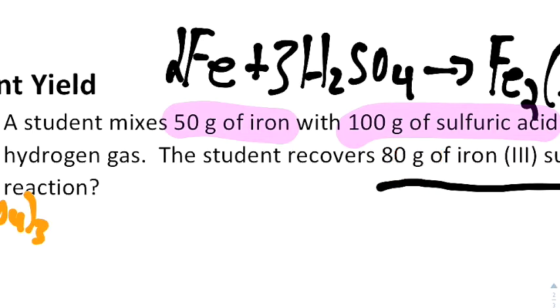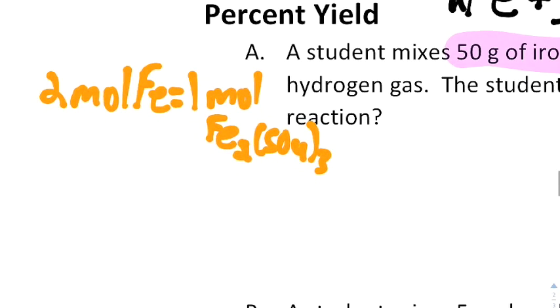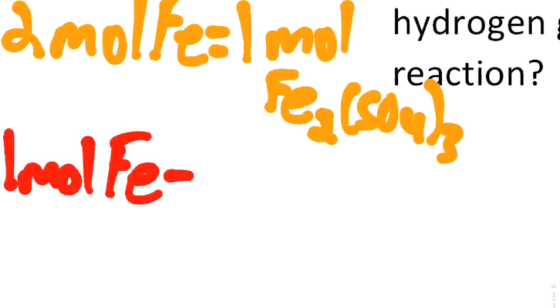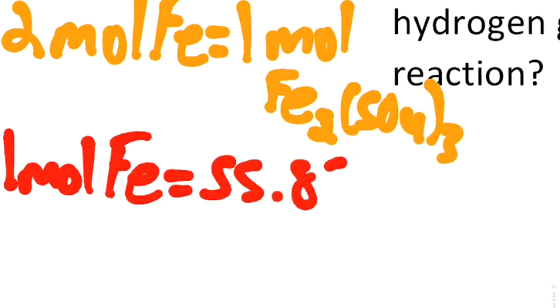So when we divide those out, we need to divide them out in the same unit, so they both need to be in grams. So our next conversion factor is we need the molar mass of iron 3 sulfate and we need the molar mass of iron. So when we look at that, we go ahead and write that down. 1 mole of iron is 55.85 grams of iron.